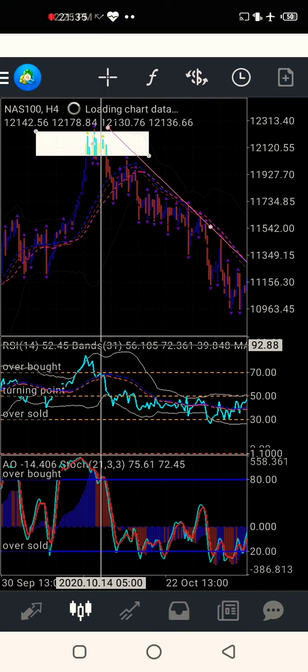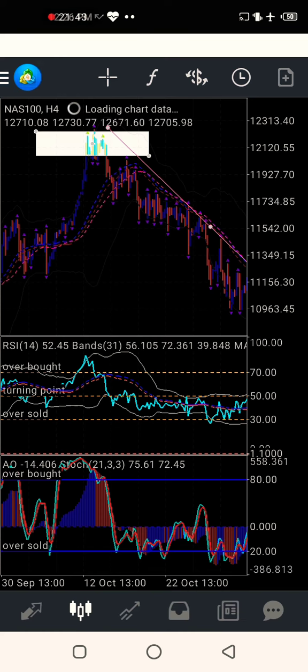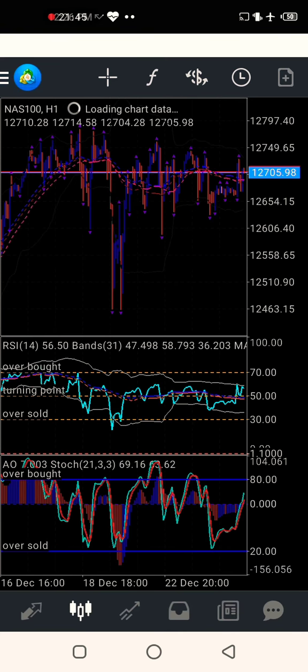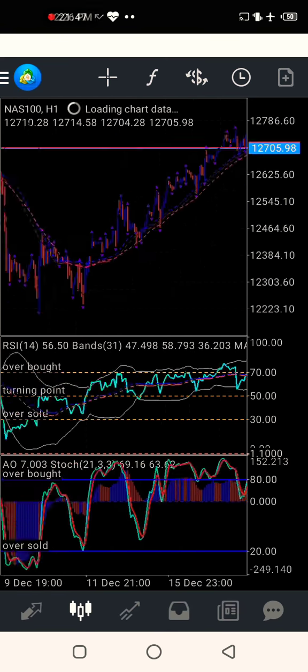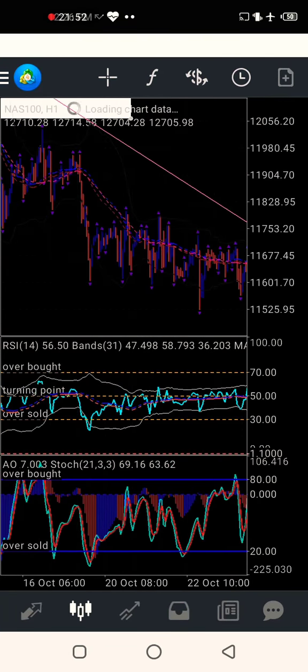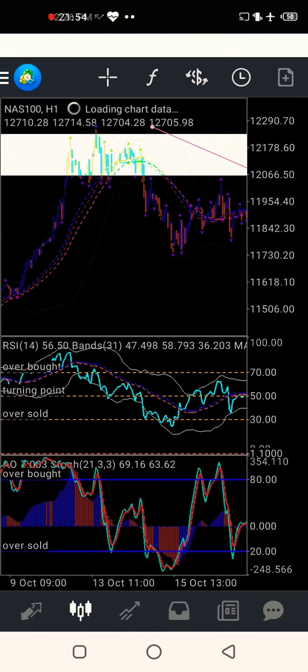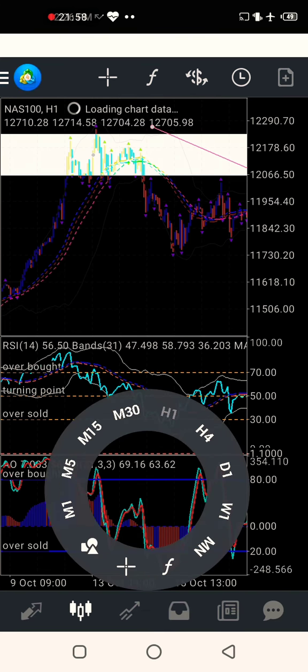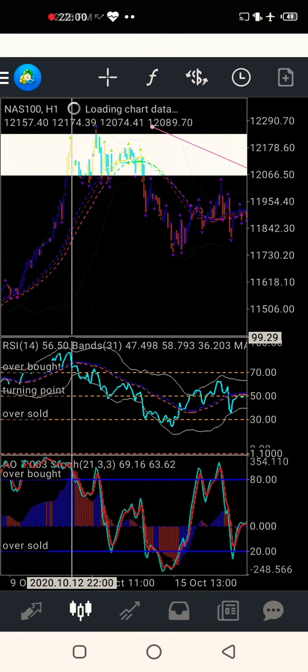I don't need to explain more and more again, because I went into details in the first example that I gave you guys. So let's go to the 1 hour and see where the signal actually occurs in 1 hour. You can see my mark. Right from this place, you can see where the signal occurs. You can see everything is prepared also: overbought and overbought.